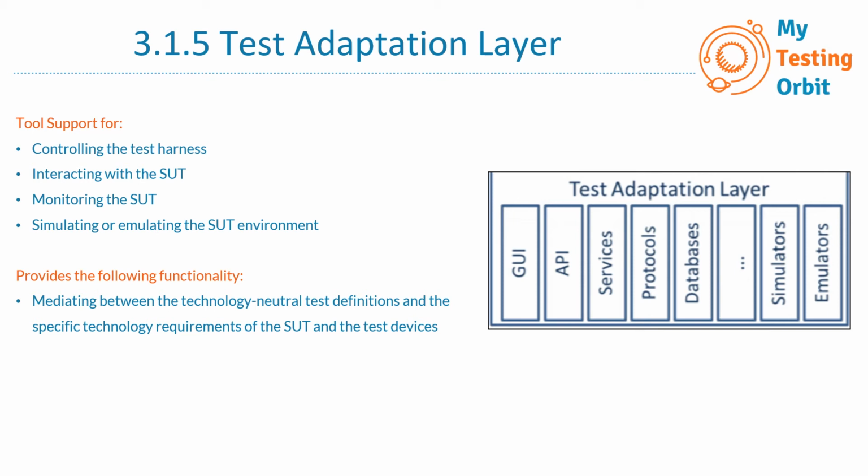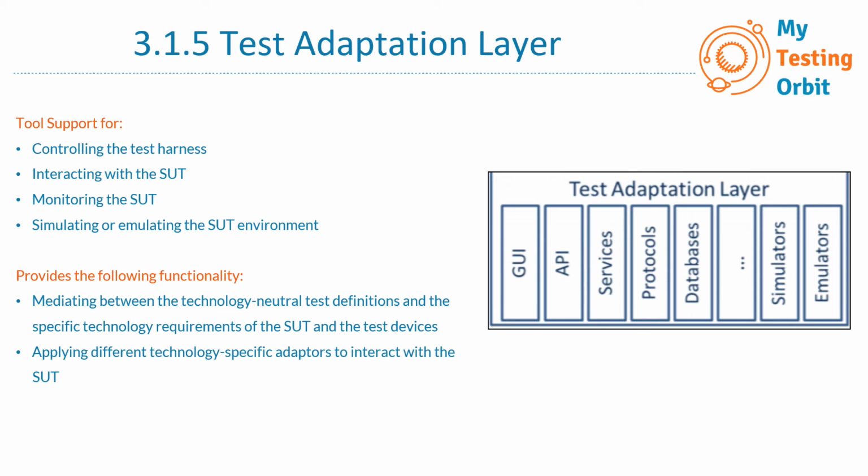We need to make some configuration changes which are specific to that device. That's a specific technology requirement. So now, what is the test adaptation layer doing? It's mediating between these two. By mediating, it's basically intervening. It reconciles the differences between them, which is actually the main purpose of an adapter, so that they can all work together.